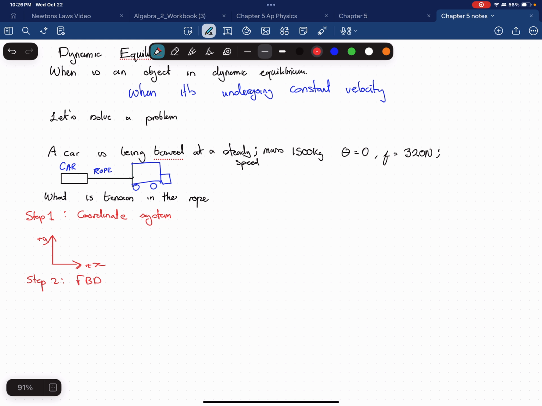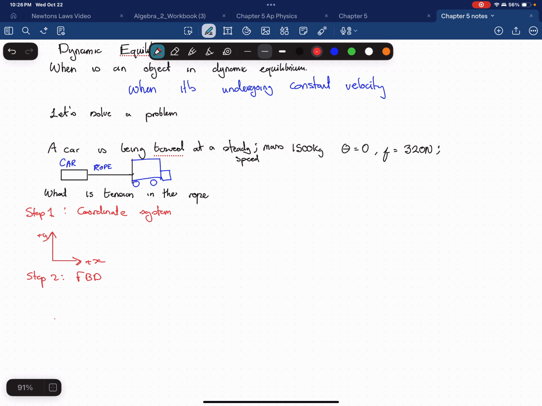Free body diagram. Our object of interest is the car. The tension normally points in the direction of the pull, where the pull is coming from. Here the pull is coming from the truck, so our tension is going to point straight horizontally in this direction. That's our tension.